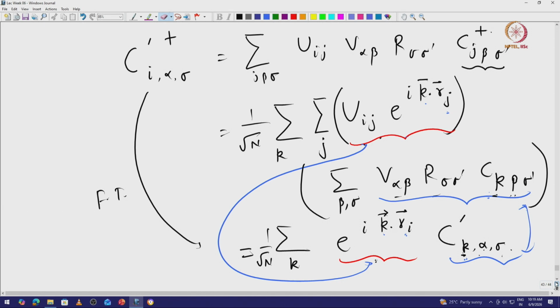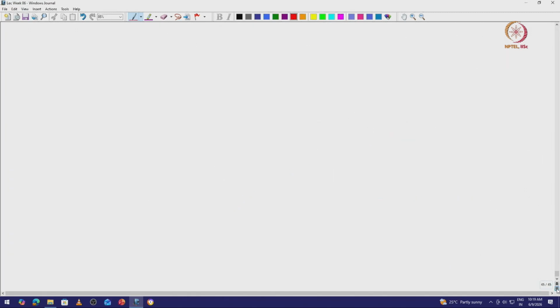So, this becomes equal to now minus I or plus I minus k dot R j, and there is a summation over k. So, let us write this entire thing.